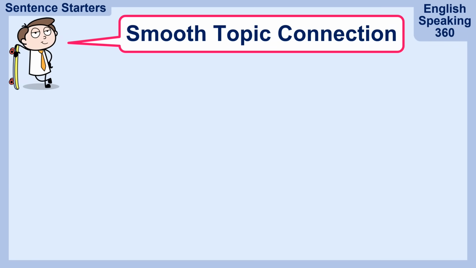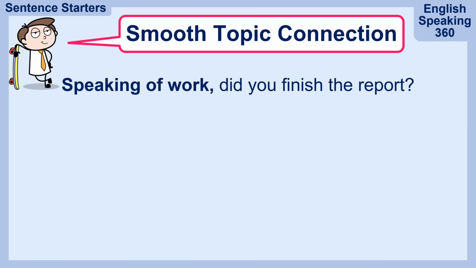Smooth topic connection. So I want you to imagine that you're talking about work. And then you want to ask the person, "Did you finish the report?" What could you put before that question to make it a smoother transition? You could say, "Speaking of work, did you finish the report?"